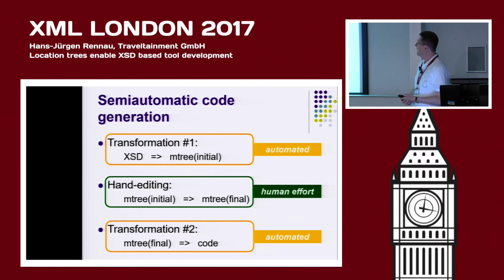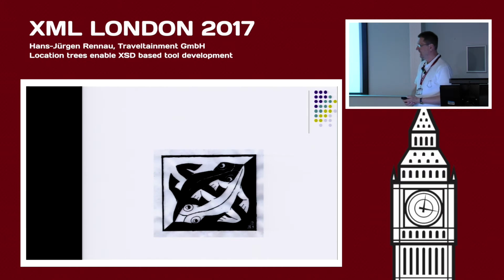Well, okay, time for wrapping up. Location trees are representations of document models, and they are implied by a schema. Location trees capture the schema content in a transformation-friendly way, and therefore they enable the development of interesting tools.